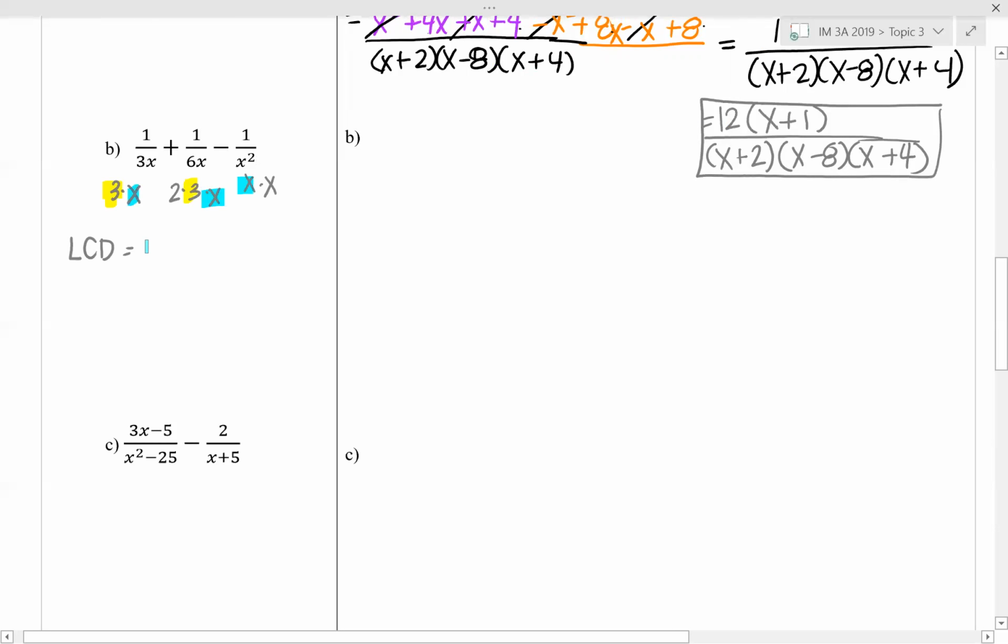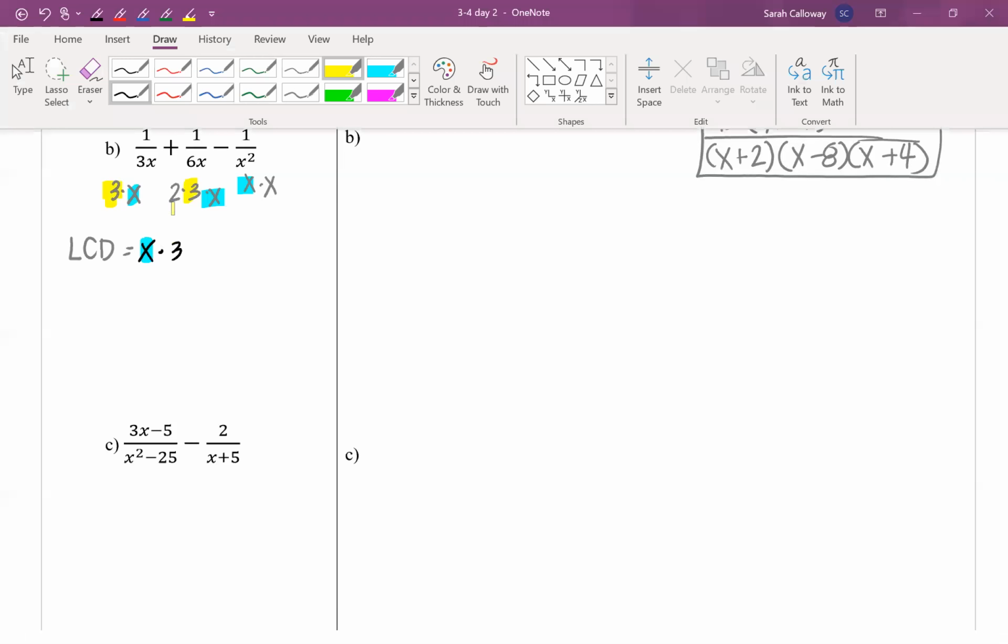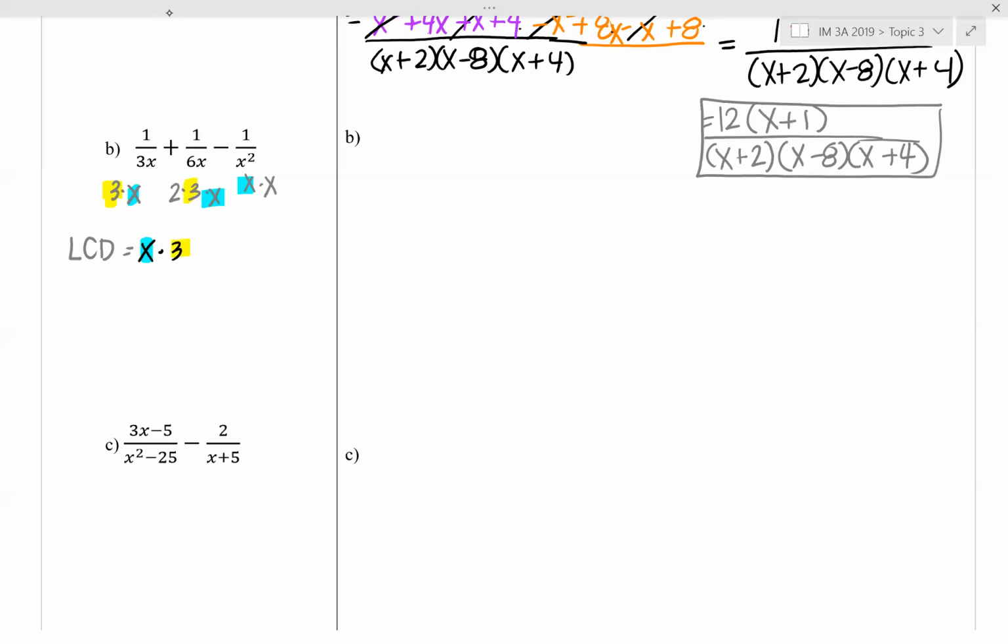So I know that my LCD is going to have an x times 3. And then it also needs to include the leftover pieces, which are a 2 and an x. So for this, I do simplify.